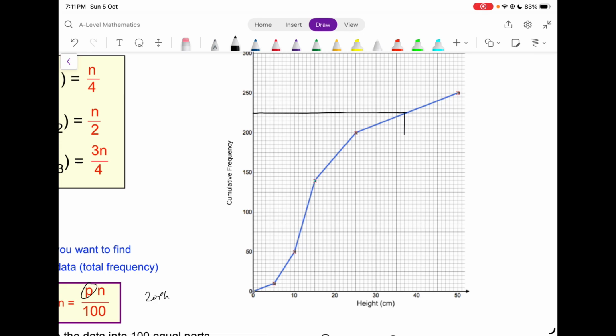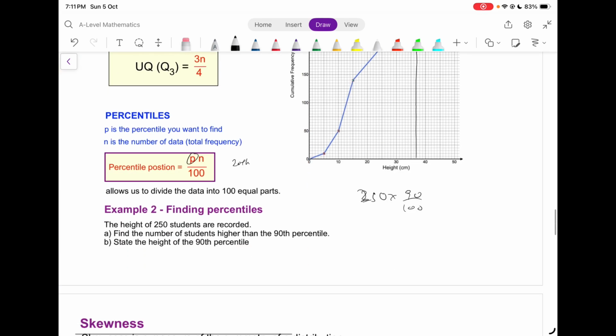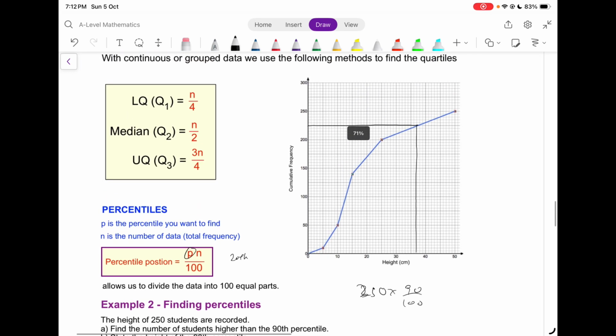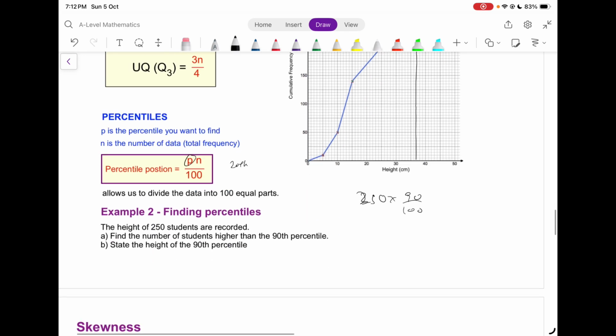So how many students are there in total? Our cumulative frequency is 250, so only 25 students are above it. The number of students higher than the 90th percentile is 25 over 250, which is 10%, or we can say only 25 students if they ask for the number of students. Now, state the height of the 90th percentile.